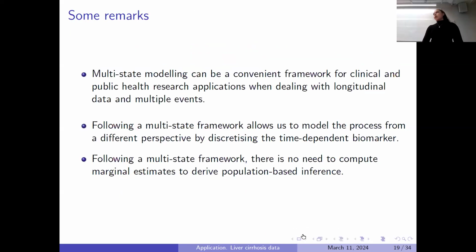Right. So to sum up the first example, we've covered how a multi-state model can be used for a clinical application, and how we can use it when we have a longitudinal variable and a time-to-event outcome.